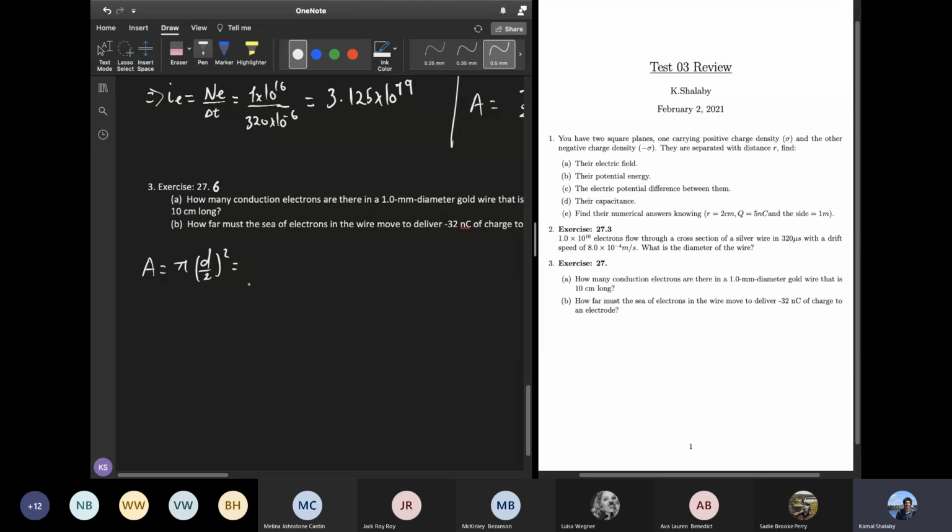That will equal pi times (1 times 10 to the power of -3 over 2) all squared, and that will equal 7.85 times 10 to the power of -7 meter cubed.